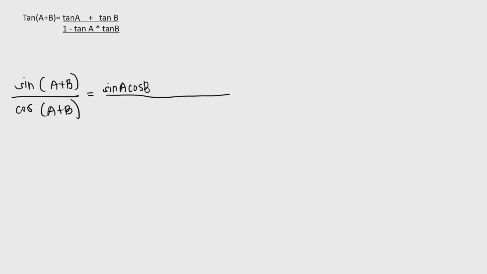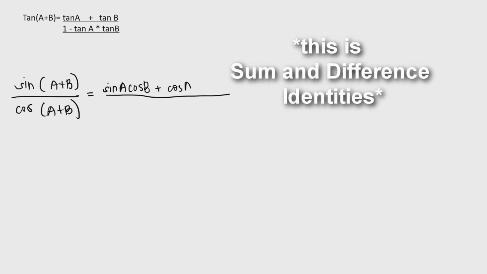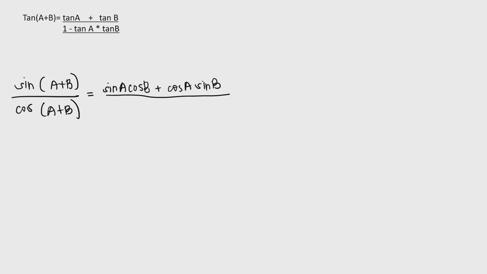Sine of A plus B over cosine of A plus B. Sine of A plus B is actually equivalent to sine A times cosine B plus cosine A times sine B. And cosine of A plus B is equivalent to cosine A times cosine B minus sine A times sine B.